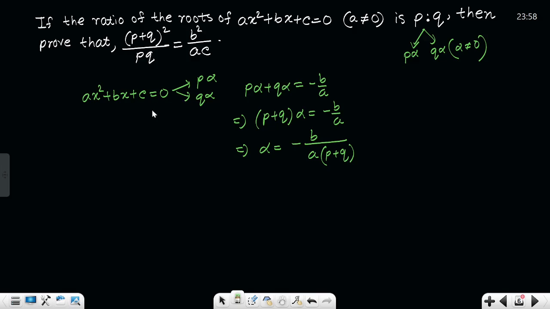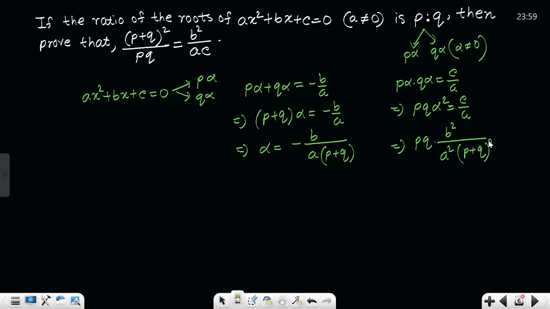Now, what we can do, we can find the product of roots, which is p alpha into q alpha is equal to c by a. So, pq alpha square is equal to c by a. Now, we need to find alpha square, right? So, we will get pq into b square upon a square into p plus q whole square is equal to c by a.